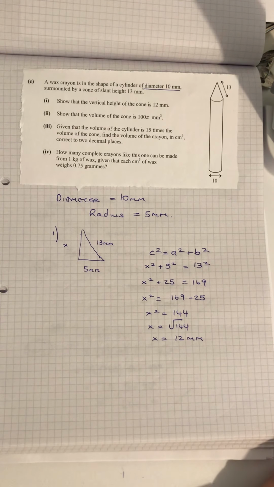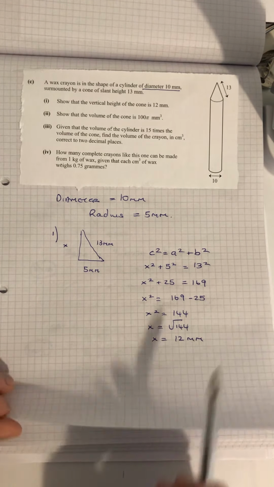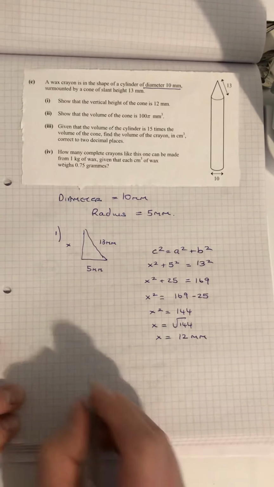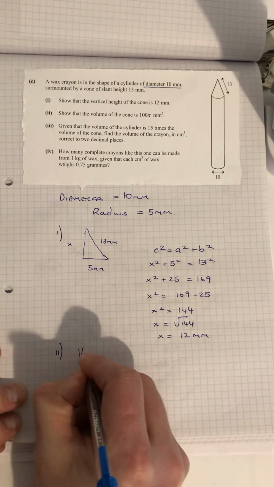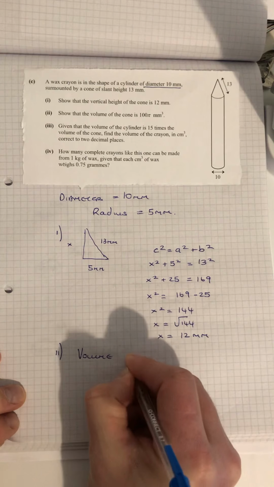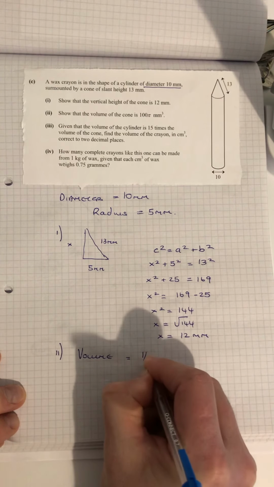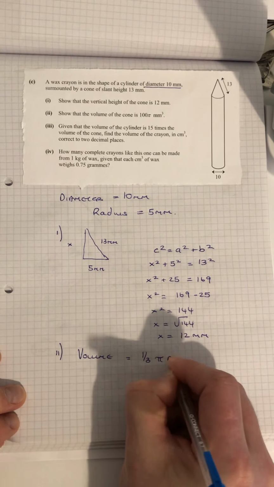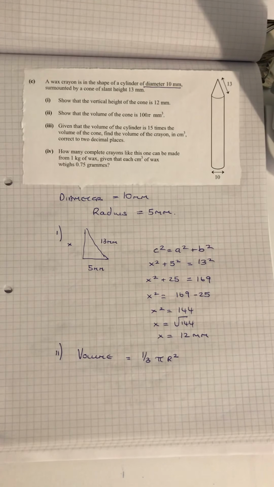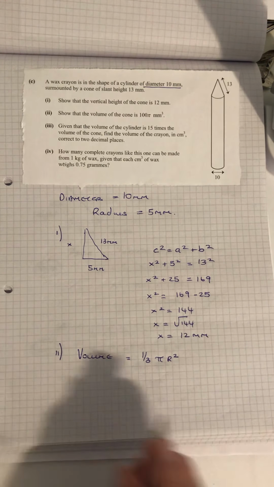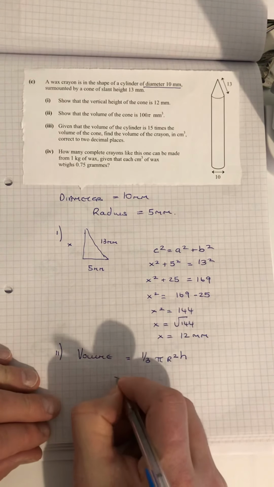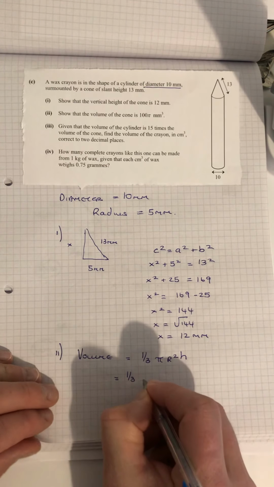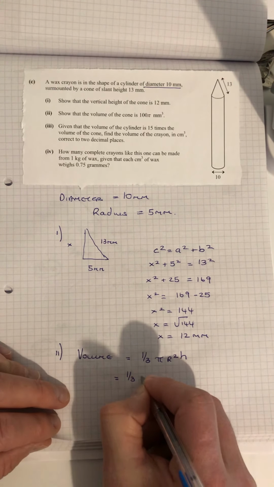Okay? In this case. Now, the next part we're looking at, show that the volume of the cone. So part 2, volume will be equal to 1/3 pi r squared h, which is equal to 1/3 pi.